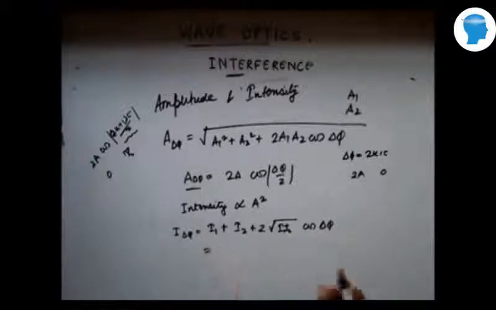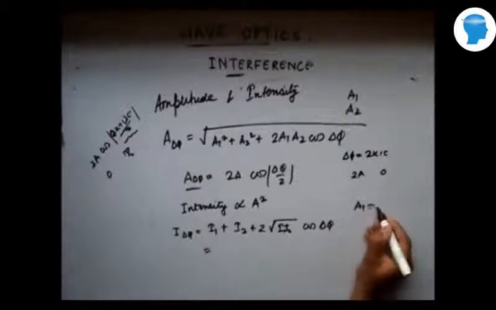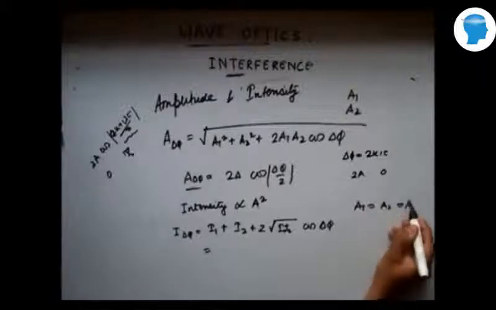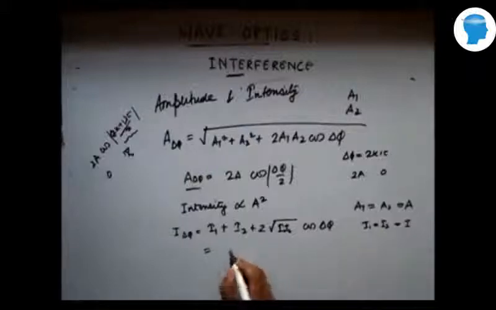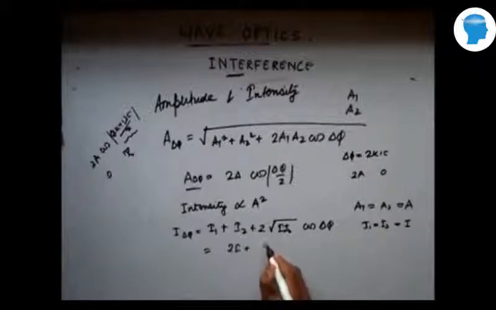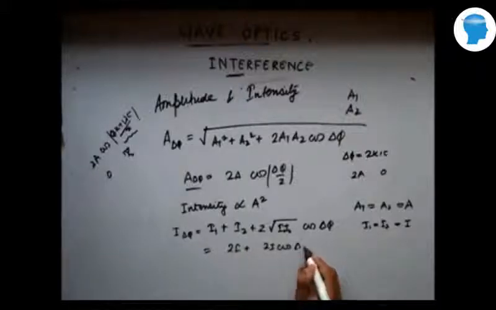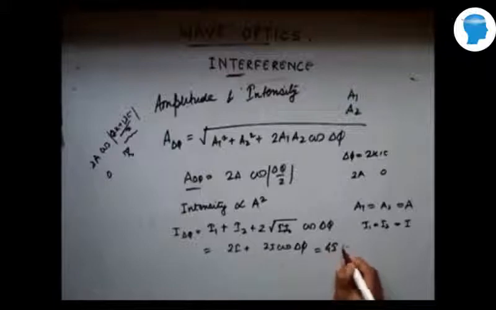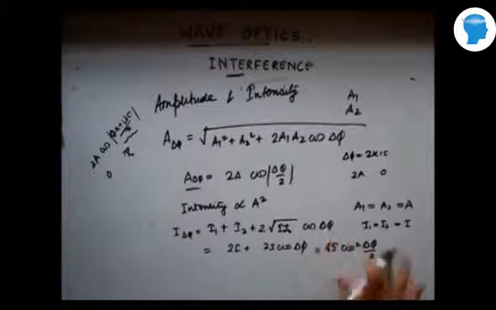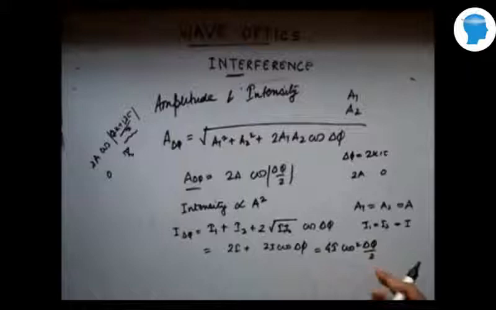If A1 is equal to A2 is equal to A, then I1 is equal to I2 is equal to, let's say, I. So this becomes 2I plus 2I cos del phi. Now if you apply the formula for cos del phi, you can write this as 4I cos square del phi by 2. So this is the average intensity seen by an instrument or by our eye at any point on the screen.